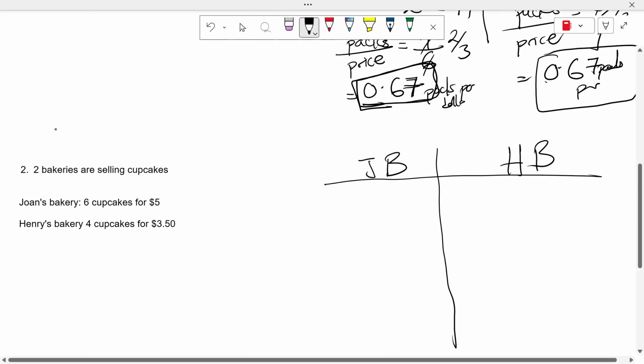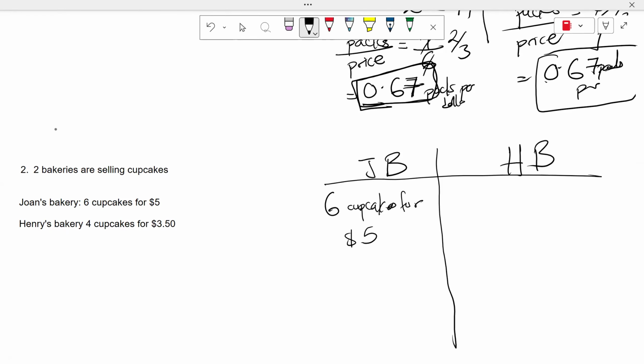Joanne's Bakery is selling 6 cupcakes for $5, and Henry's Bakery is selling 4 cupcakes for $3.50.